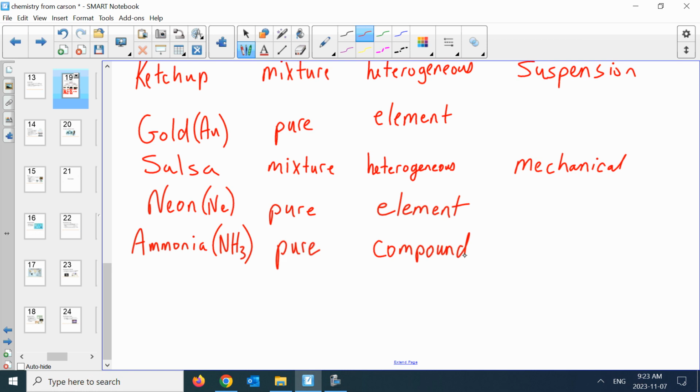I'm going to let you go with brass, but if you remember, brass is a mixture. It's a solid mixture, but it's homogeneous. I'll do one last one, then you can do the rest. Brass. It's copper and zinc mixed, so it's a mixture. It's not a compound, not chemically bonded, but it's a homogeneous mixture.